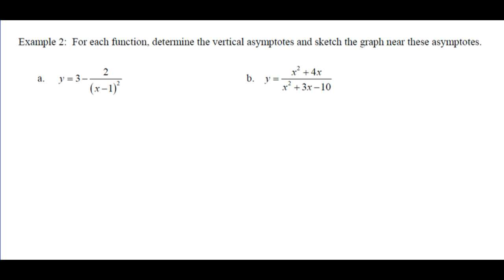Okay, for each function, determine the vertical asymptotes and sketch the graph near these asymptotes. So when are we going to have a problem here? We're going to have a problem when x is equal to 1. That's where the asymptote is. So we want to say, okay, what's happening as we approach 1 from below? What's happening as we approach 1 from above?